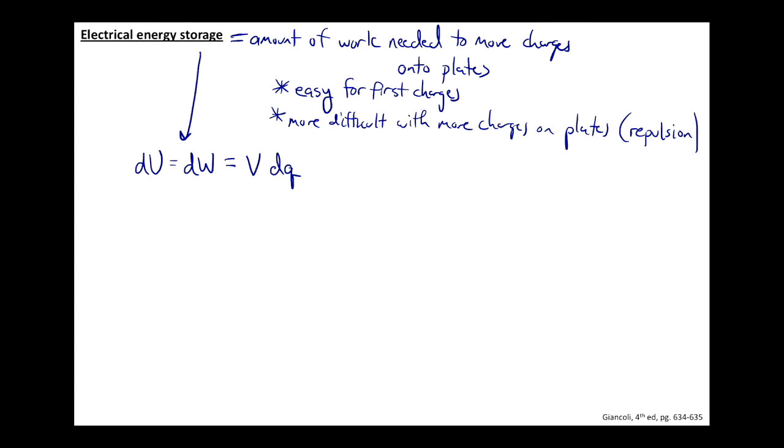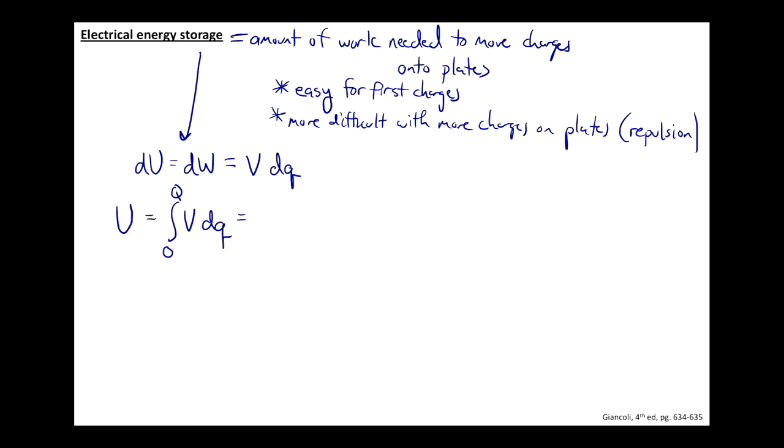And then to find the total amount of stored energy, we're just going to have to integrate this over all of the charges that go. So we'll say from 0 up to total charge Q. And then we're going to use our equation Q is equal to CV to write this voltage in terms of the capacitance instead.